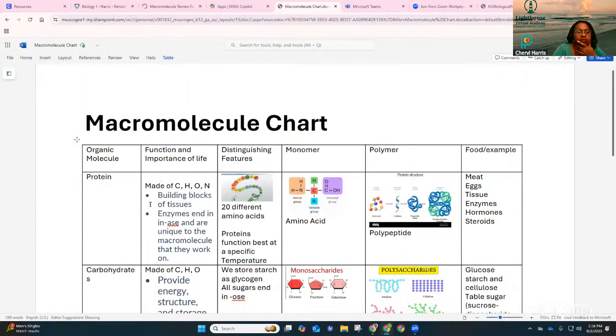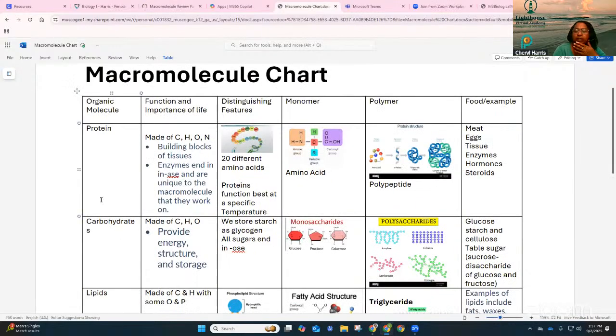Enzymes end in ASE. So one of the questions that I told you didn't have to answer was about an enzyme that works on lipids.